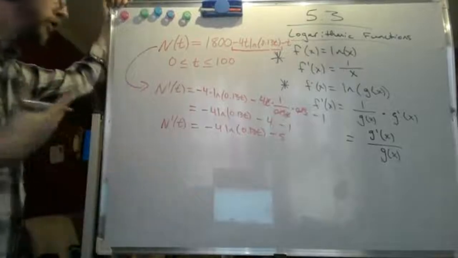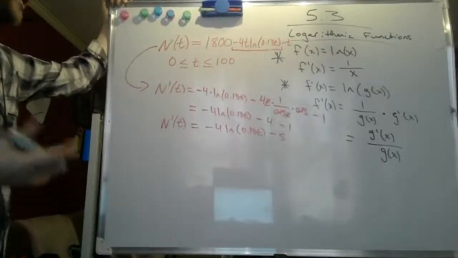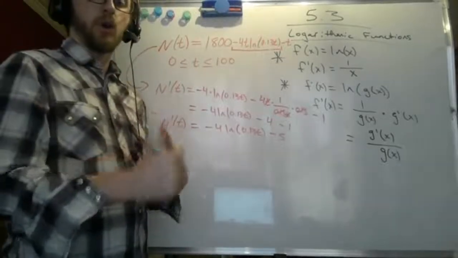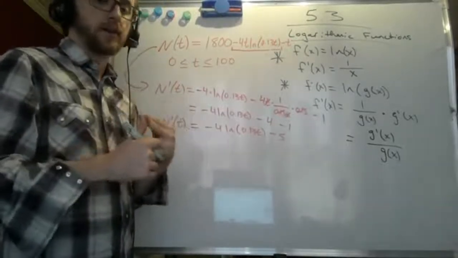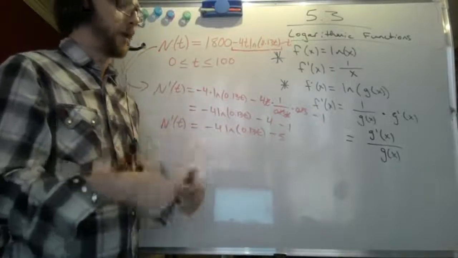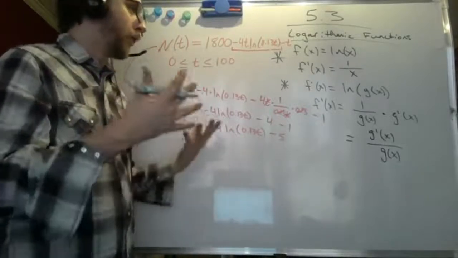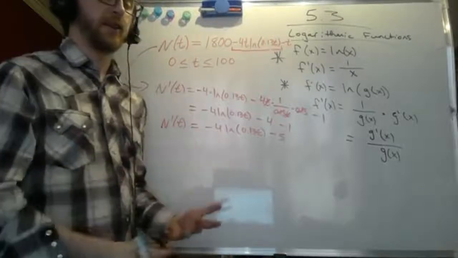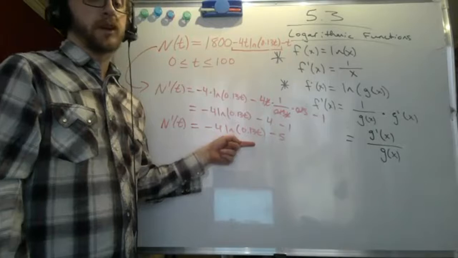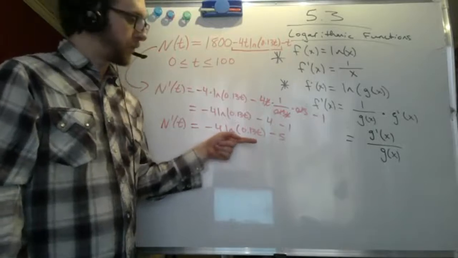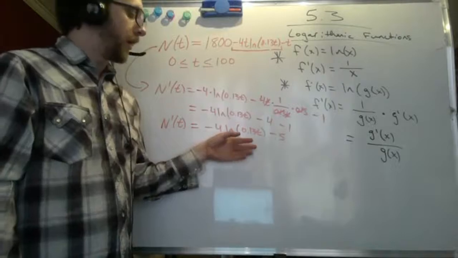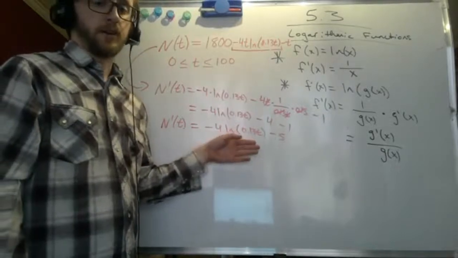Now remember, what are critical points? Critical points are where the first derivative is either 0 or undefined. So especially when we're talking about natural logs, you want to be thinking about, okay, where would this function be undefined? Because remember, for the natural log, we can only plug in positive numbers. If you try to plug in a 0, or if you plug in any negative number, well, it doesn't exist, so it would be undefined.